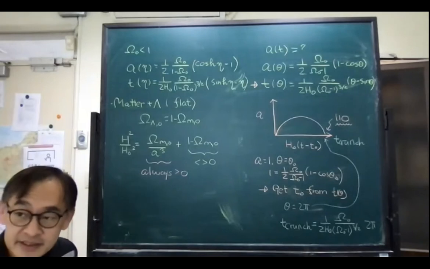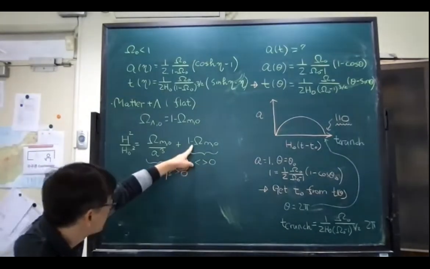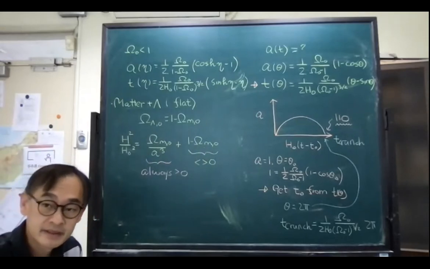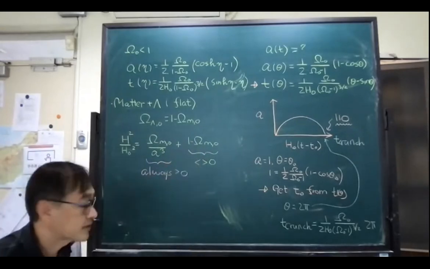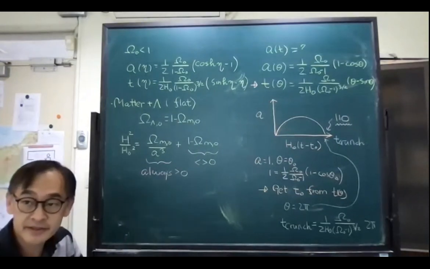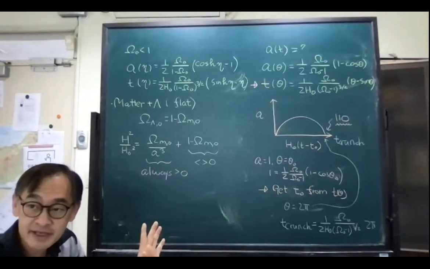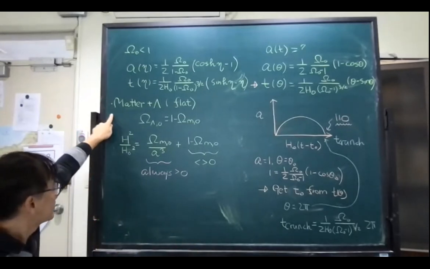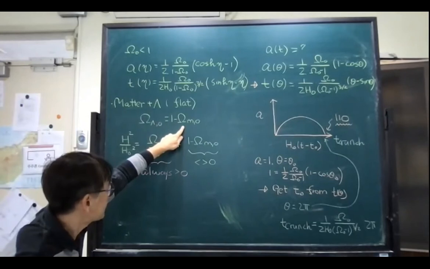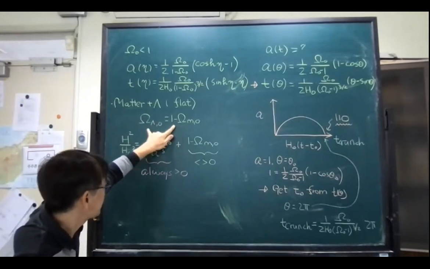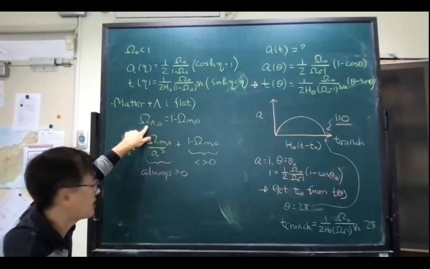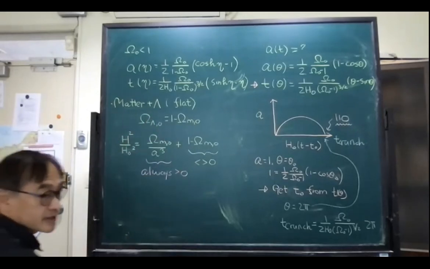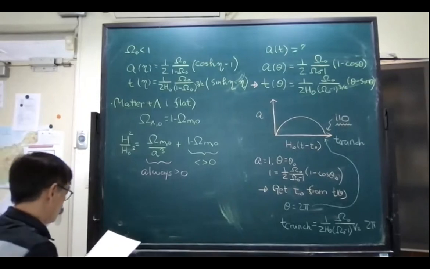It's strange, isn't it? How come matter component gives you negative value? It all depends on the characteristics of dark energy, omega lambda. Because at this one, this is not independent. This is completely correlated with omega lambda 0. So let me write all the cases.